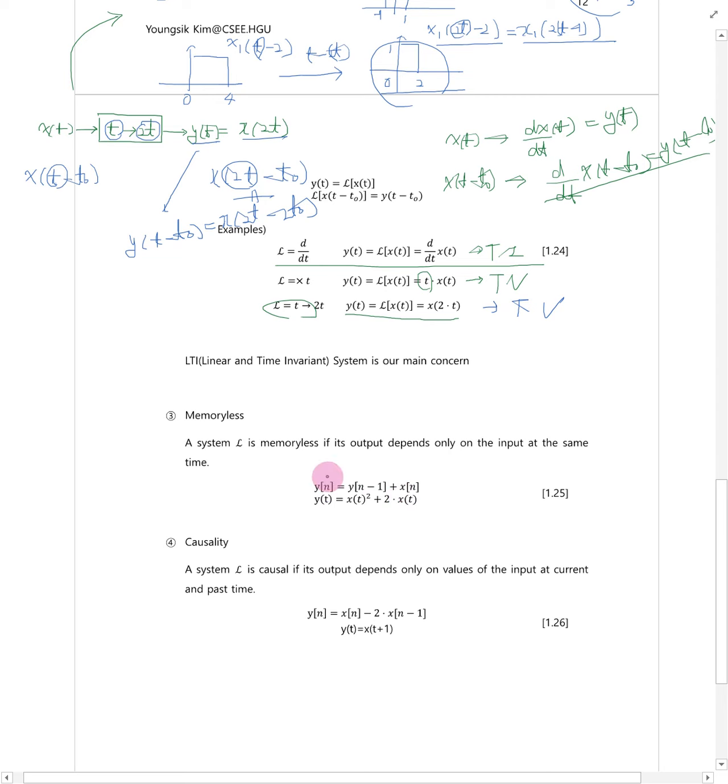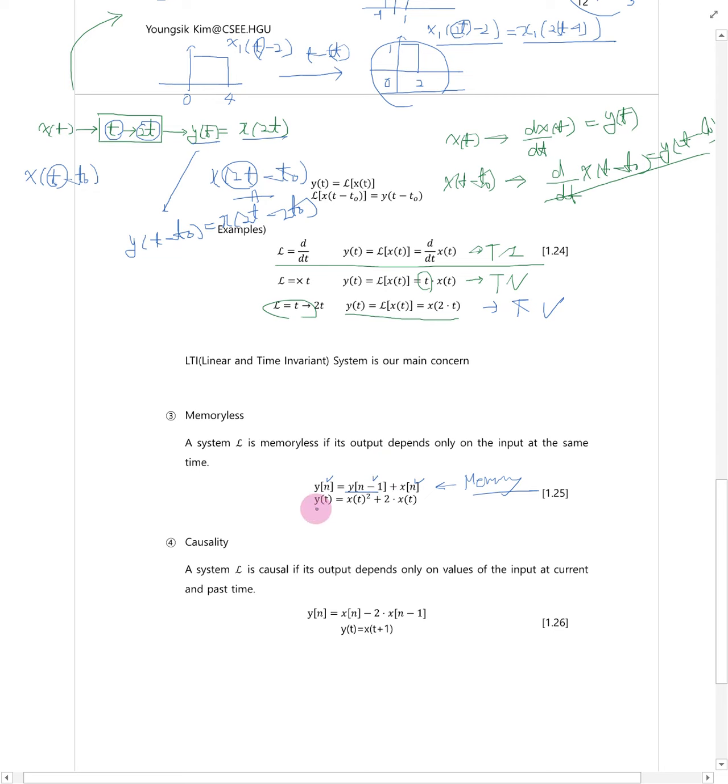This is the current time, but this one is a previous one. So this one is a memory device. It has some memory. You can see here that it's not the current value, it's a previous value. So somehow you need to keep this value in some storage. So it has some memory.